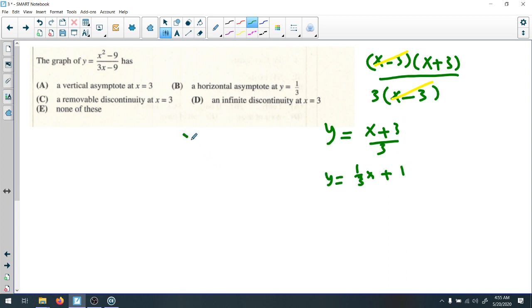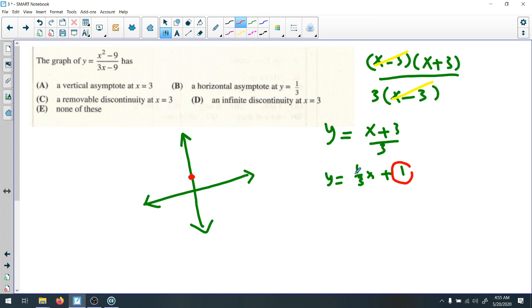If we graph this function, we need to look at the function and know how it looks. The graph will start at the b-intercept. You remember the formula, y equals mx plus b, where b is the y-intercept.